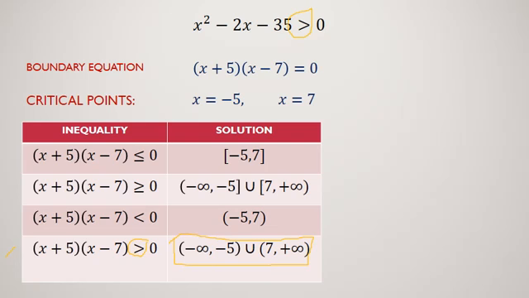So, ganun ang paggamit sa table ng solutions pag quadratic inequality. Pag less than or equal to, then it's a closed interval like this. Pag greater than or equal to, then itong union na to.